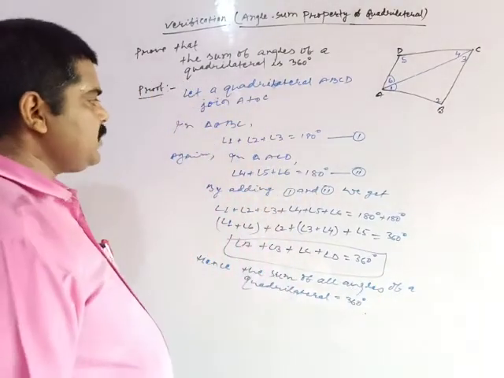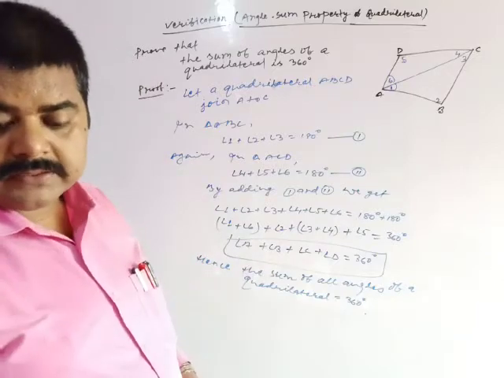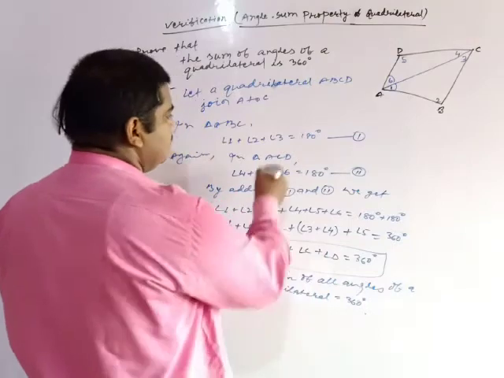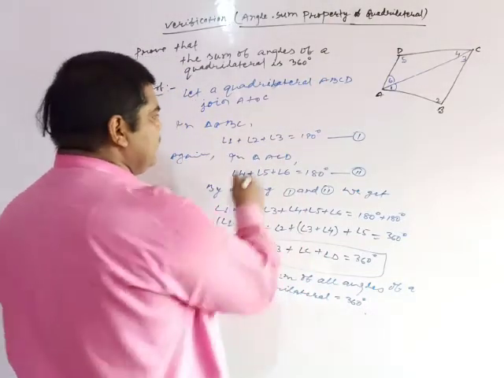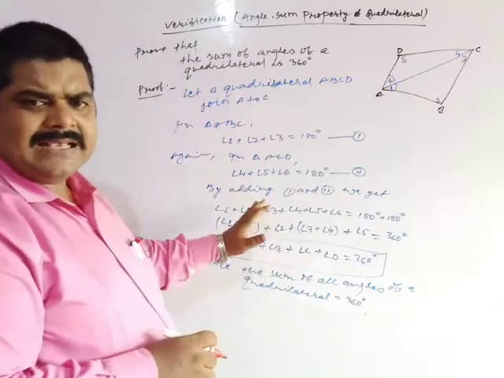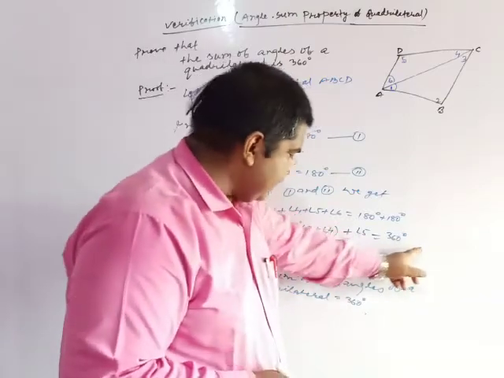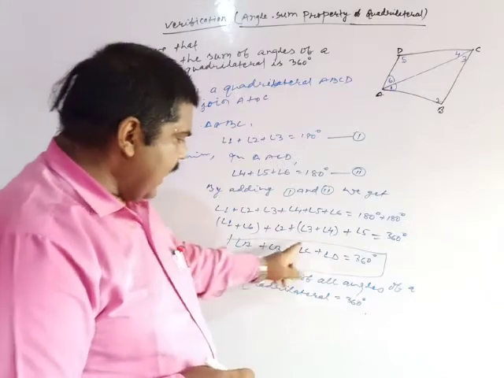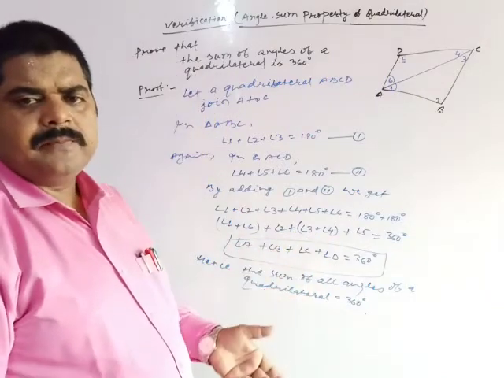This is the verification, and some students can write 1-2 things for the description. You may write here that the sum of all angles of a triangle is equal to 180 degrees. It is not essential to do so, and here you can write in the bracket that 1 plus 6 is equal to angle A and 3 plus 4 is equal to angle C, by the figure.